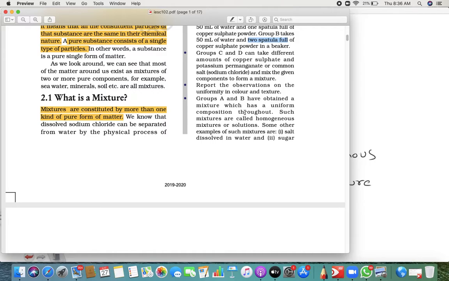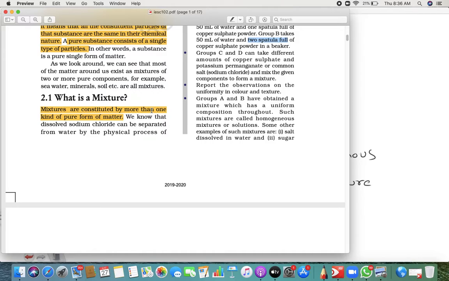So what are homogeneous mixtures? The substance is dissolved completely and it is uniform everywhere. At the top part it is the same, and the bottom part also it is the same, right? And if you add a spoon of soil into water, the soil is deposited at the bottom after some time, or when you stir it, it is still there.